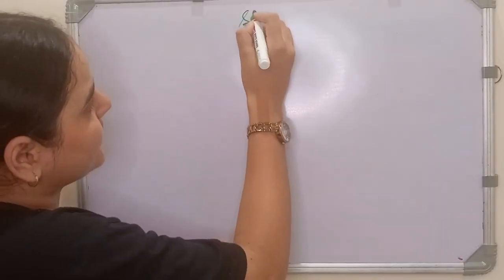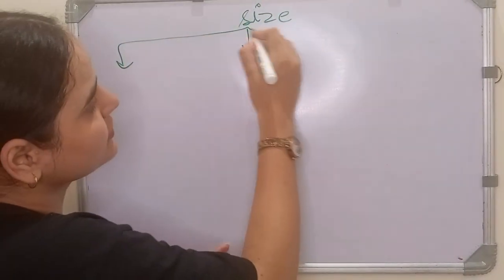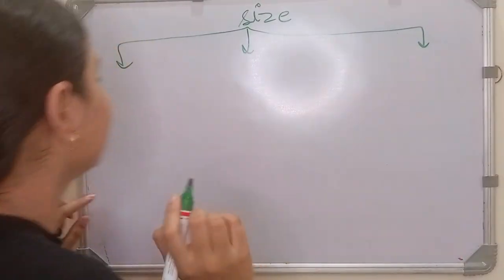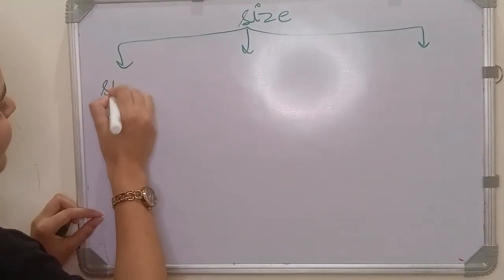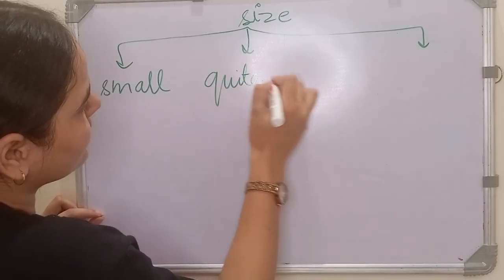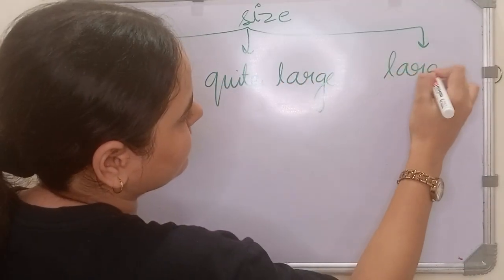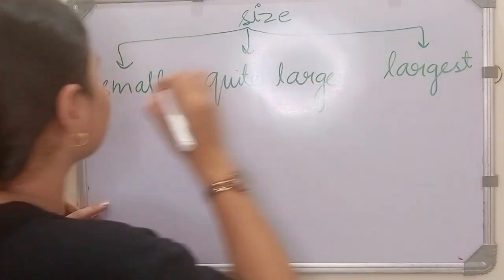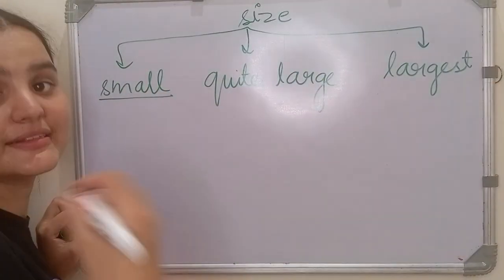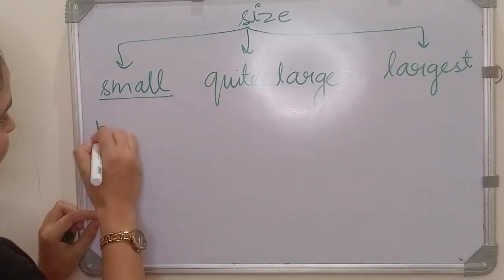Based on size, seeds are classified into three categories. Okay, they can be small, quite large, or largest. So examples of small seeds are poppy and orchid seeds.